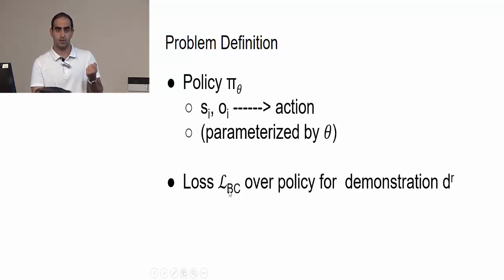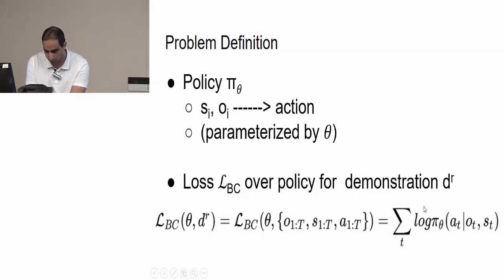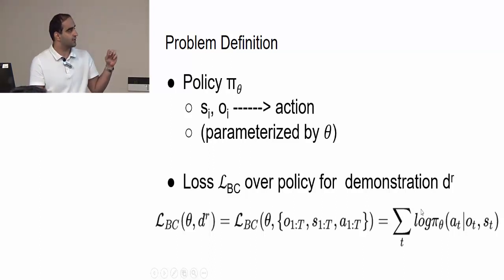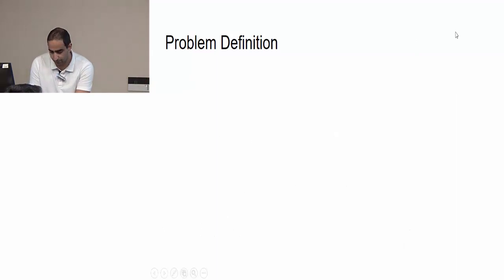We use the behavioral cloning loss to evaluate a robot demonstration, and this formula tells us how well our policy matches the robot demonstration, in which some person controlled the robot and performed the task.